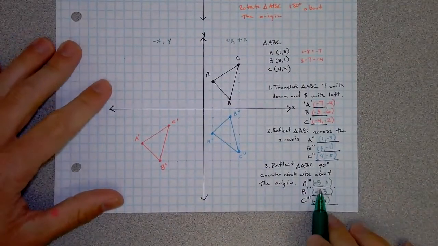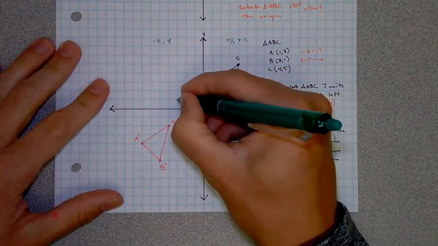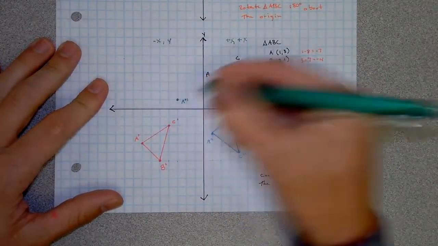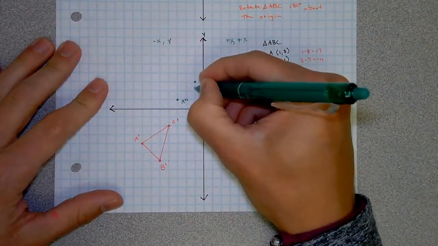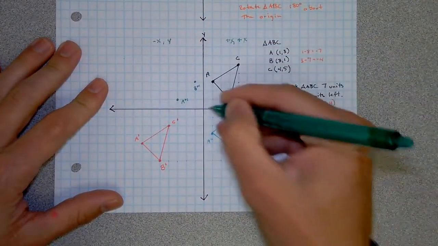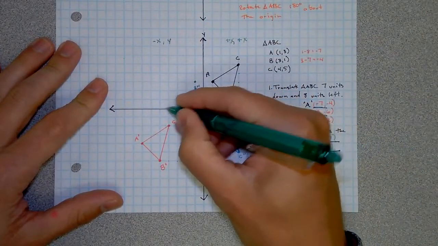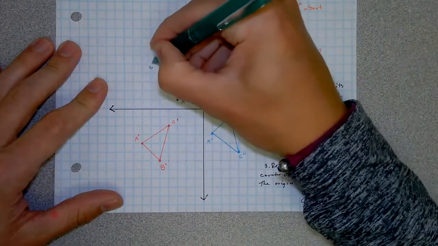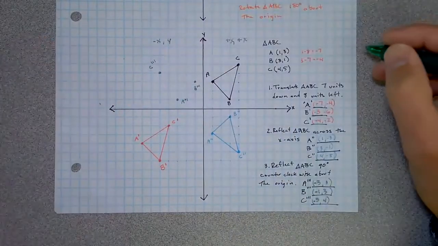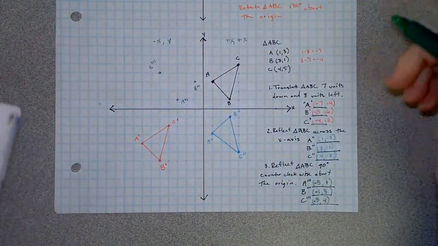Okay, so now I can graph it. -3, 1 for A triple prime, -1, 3 for B triple prime, and -5, 1, 2, 3, 4, 5, 1, 2, 3, 4. Assuming I counted correctly, C triple prime should be right there.